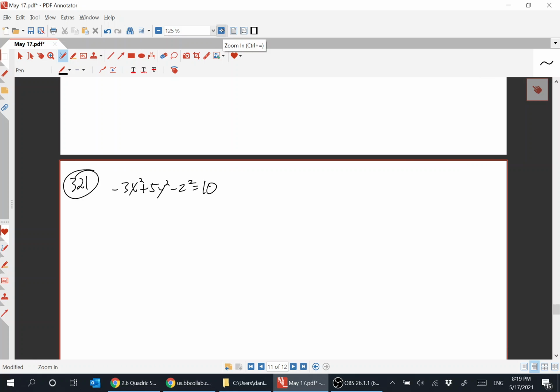What variable do I have to make a constant? When I make it a constant, the leftover variables will define an ellipse or a circle. And remember, an ellipse has an equation that looks like this.